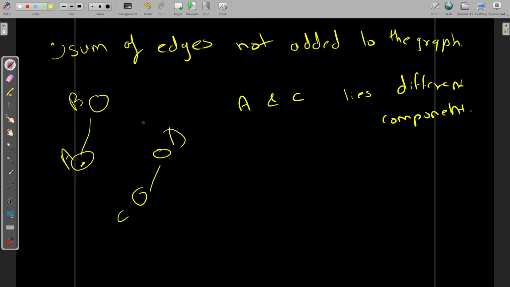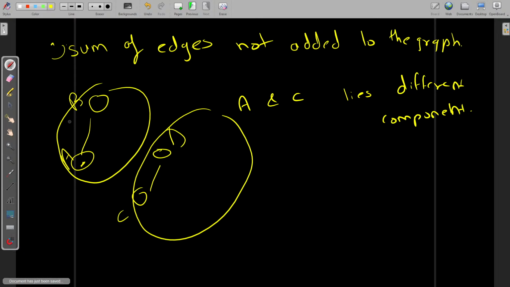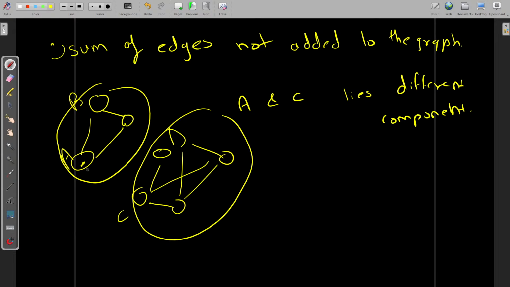So there should not be any edges from this component to this component. Rest all edges, they are valid. Here also these all edges would be valid. Just we will not be including edges from this component to this component like this. So just don't count these edges.